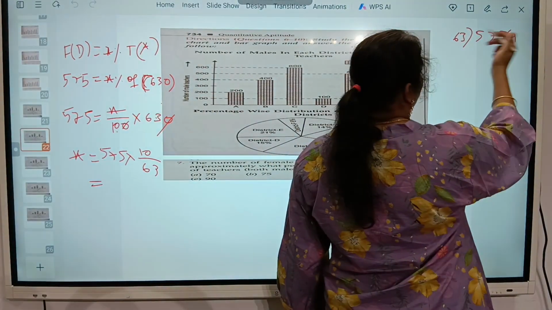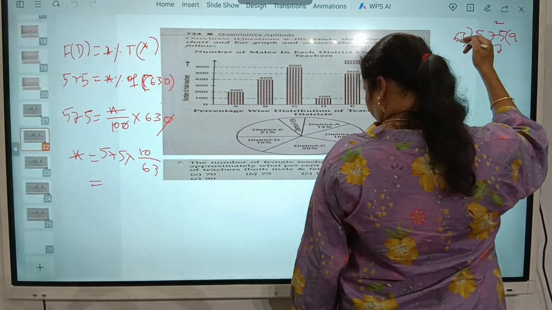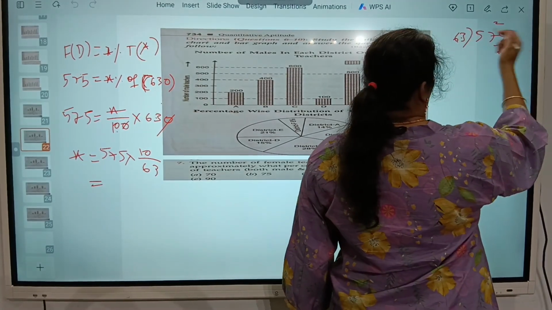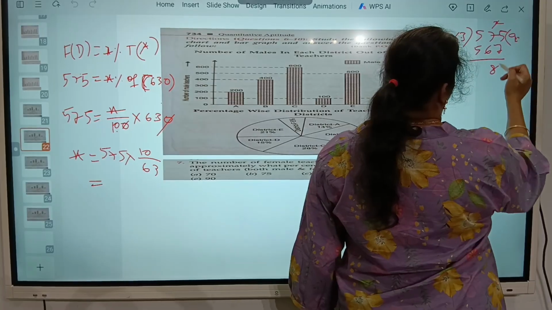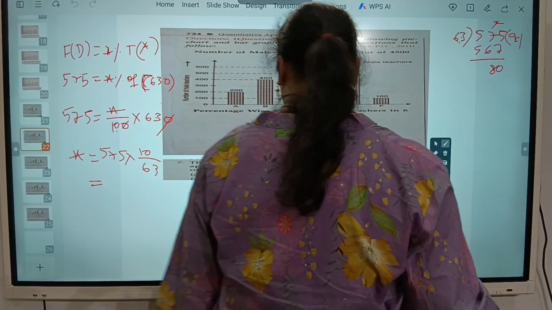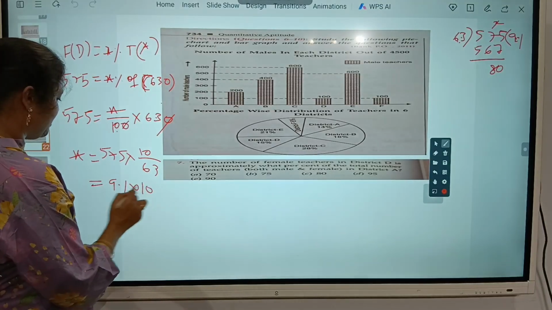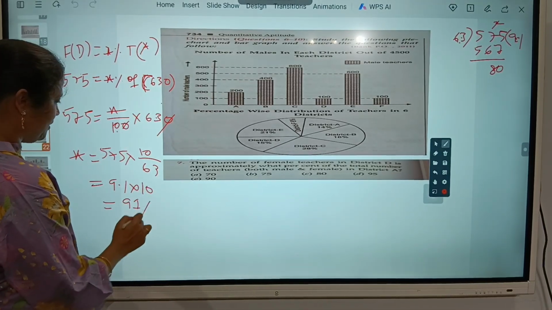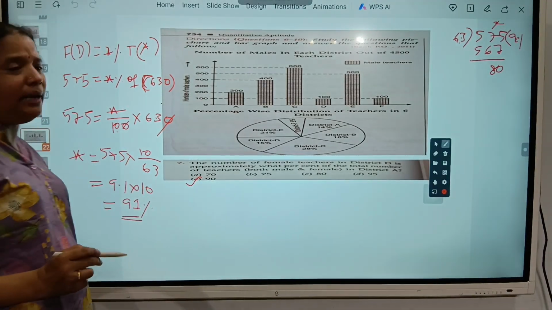The remainder is 8, so it comes to 9.1. 9.1 into 10% comes to 91%. So the approximate answer in the options is E, 90%.